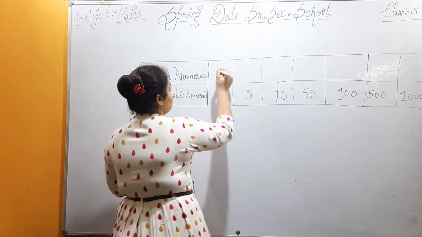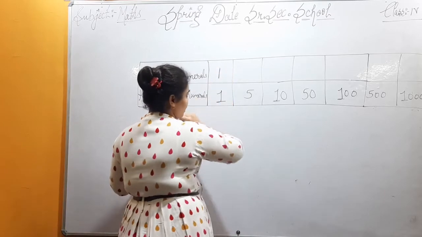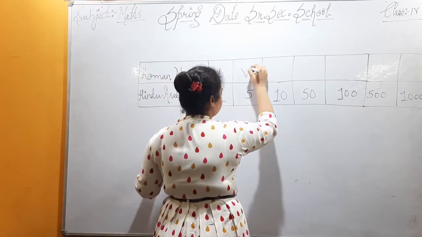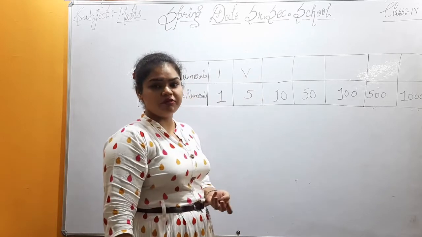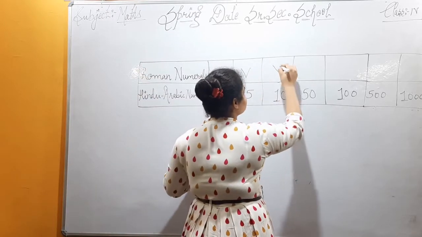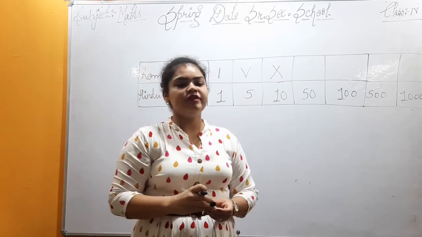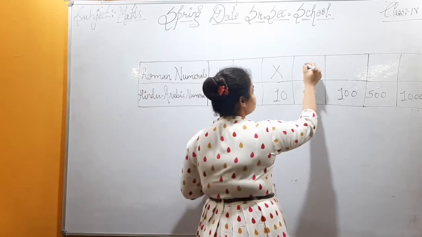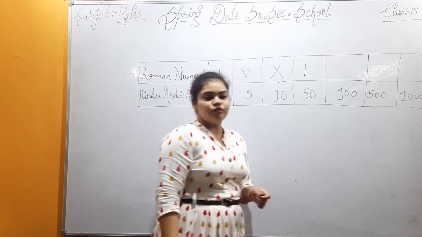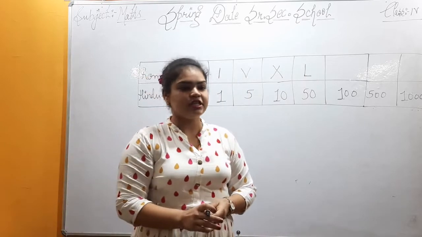For 1 we will write I, 5 is V, and for 10 what will we write? X. Now for 50, which letter will we take? That is L. For 100, which letter will we take?